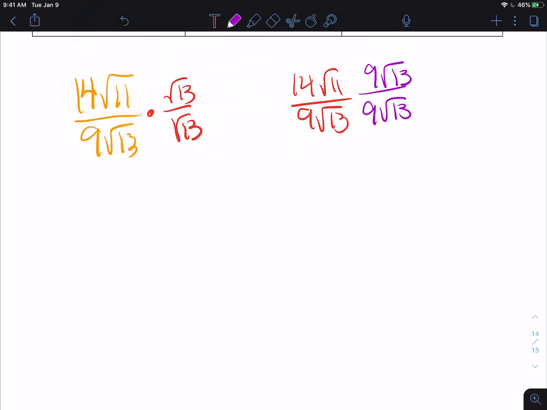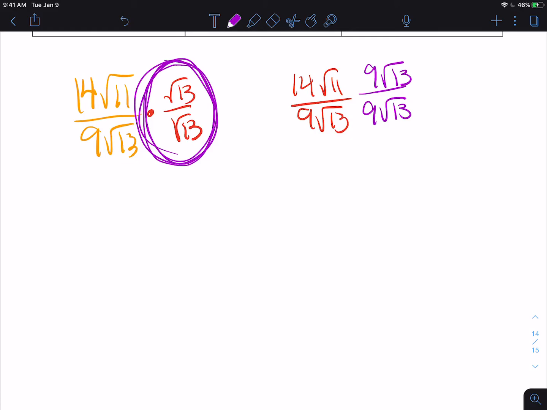When I multiply by 9 root 13, notice that eventually I'll have to cancel out a pair of 9s. So this is why I prefer to just multiply by root 13 over root 13. Okay? So in this case, the question was, what's the least term that can be multiplied? So our least term that can be multiplied would be this one. If we were looking at our last example, you would have to simplify the radical first and then figure out what your least term to be multiplied by would be.